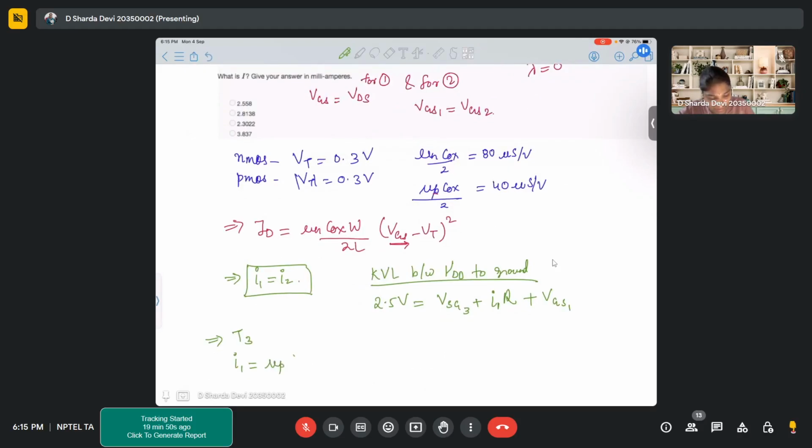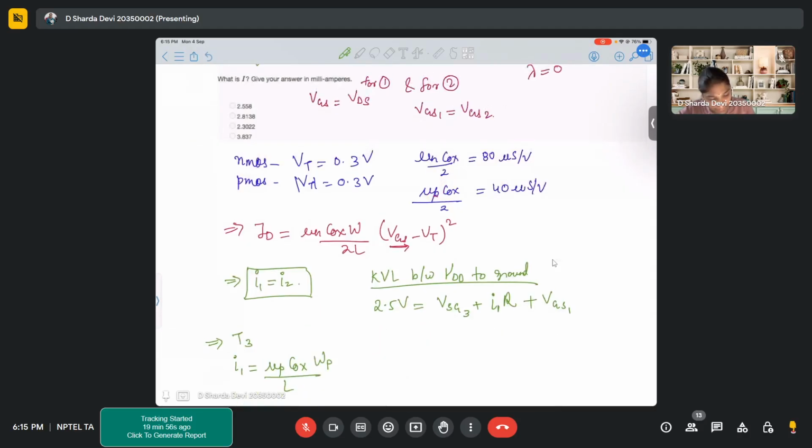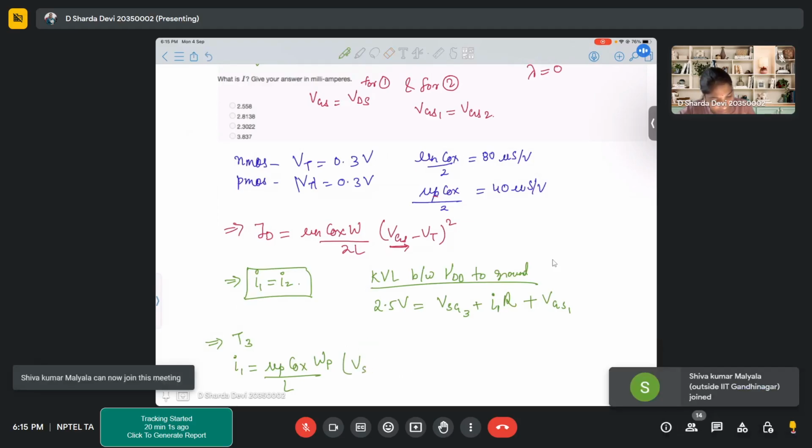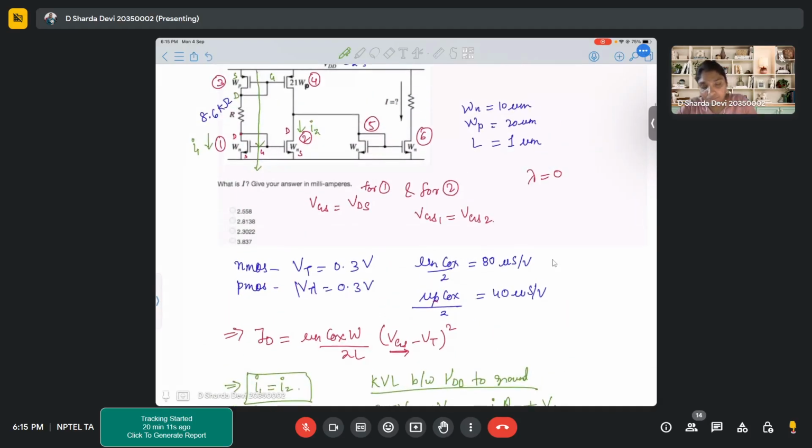It is mu P Cox by 2 times Wp by L into VSG minus mod VT whole square. Right? This is how we'll write the current, and this current is I1.